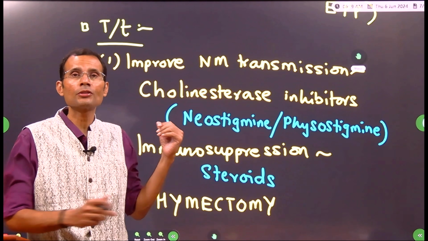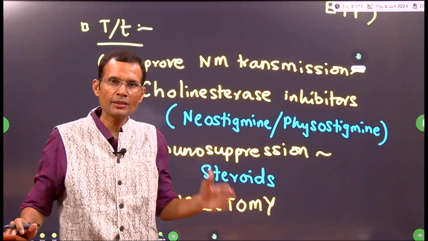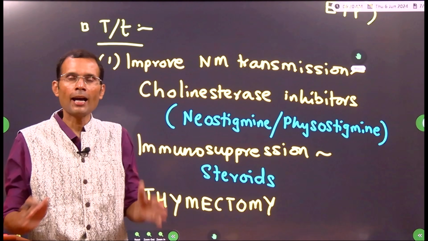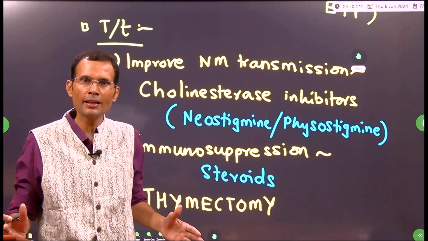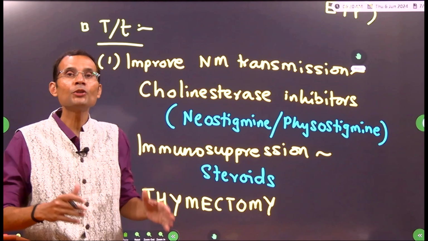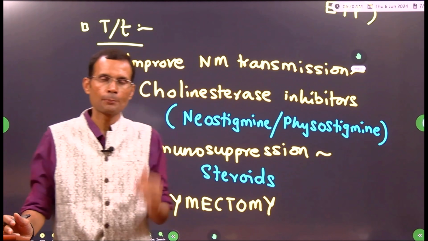I am talking about the treatment part of myasthenia gravis. When you give cholinesterase inhibitors, they will stop that enzyme. That means acetylcholine will not be quickly degraded. It will stay on for a longer duration in the neuromuscular junction, and thereby it will achieve two things.